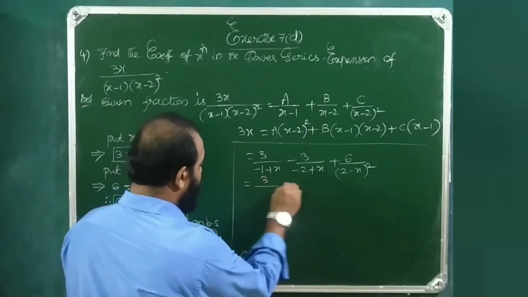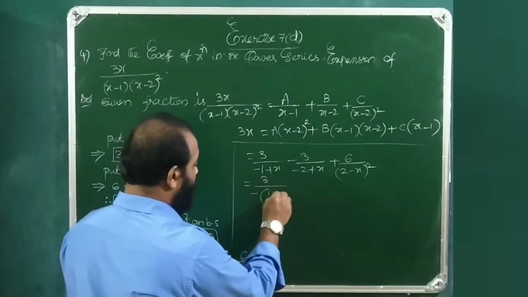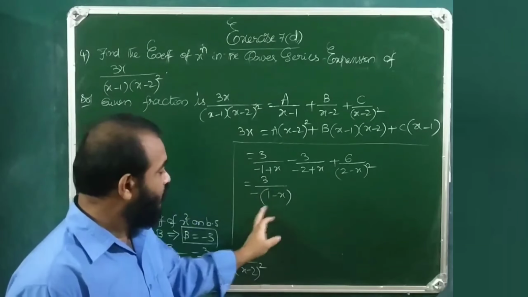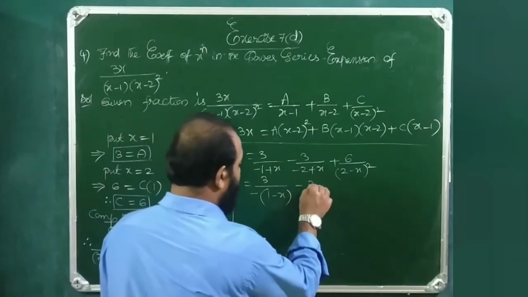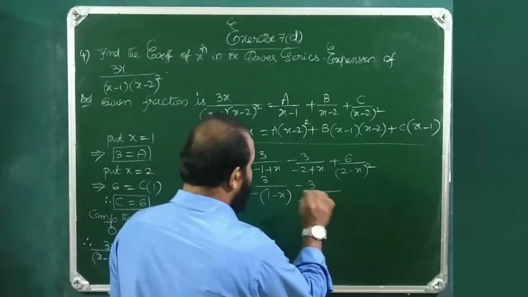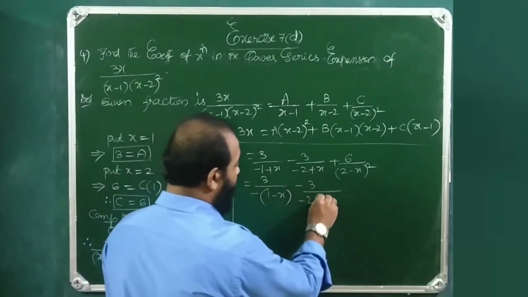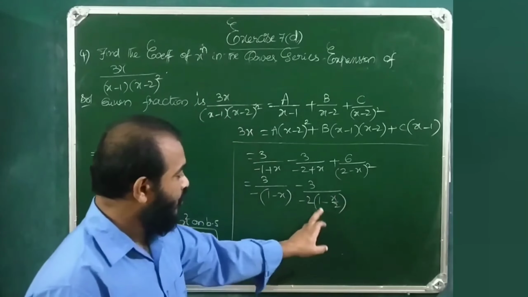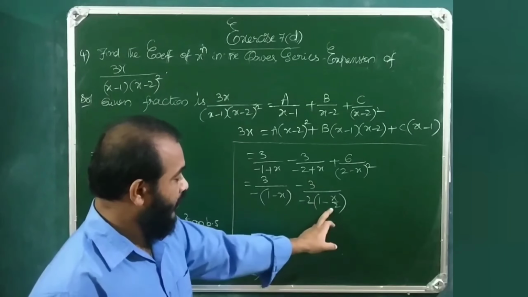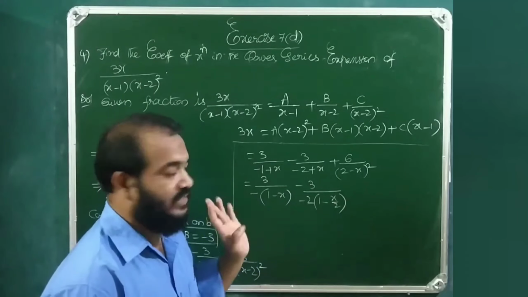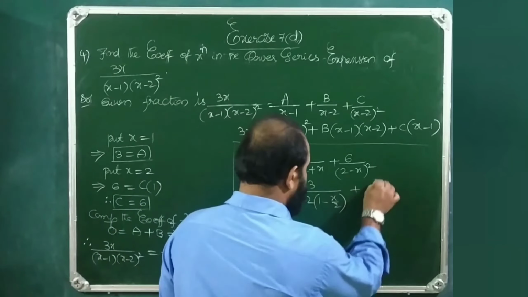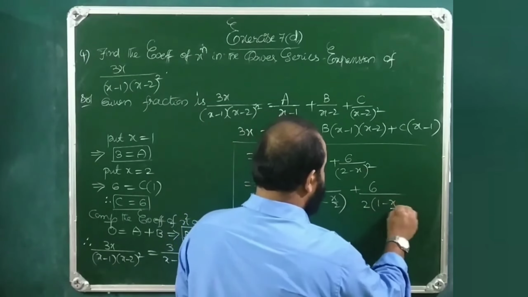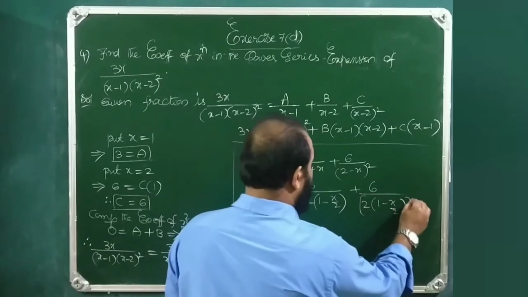So 3 by, take minus in common, then this is 1 minus x. Minus I have taken common, this is 1 minus x. Minus 3 by minus 2, I take common here 1 minus x by 2. Minus into minus plus, 2 gets cancelled, x plus 6 by, 2 you take common, 1 minus x by 2 whole square.